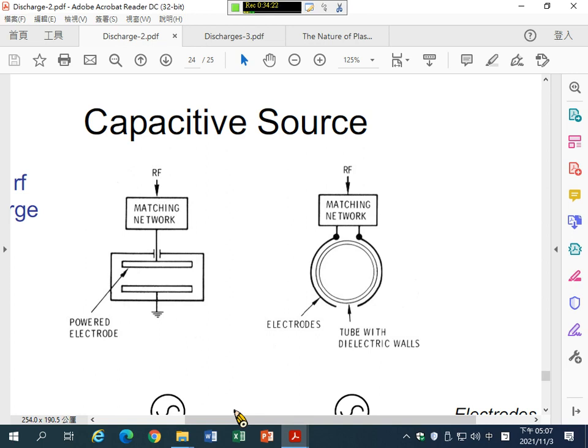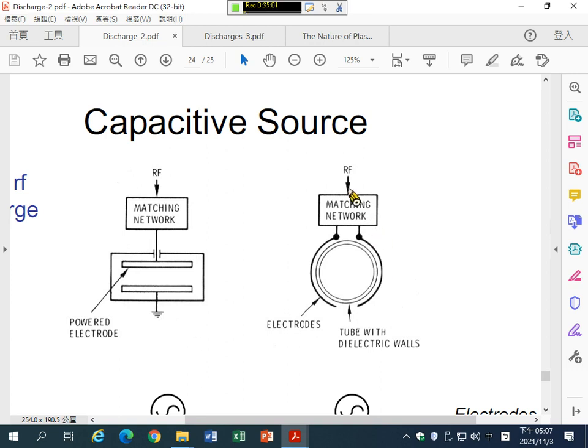In the planar diode system, you place a piece of quartz substrate on the surface of the electrode, right? The electrode contacts the quartz, and when you apply the voltage, the surface of the quartz will be charging up. Okay, and in this system, the left side of the quartz tube is in contact with one electrode, the right side of the quartz tube is in contact with another electrode.